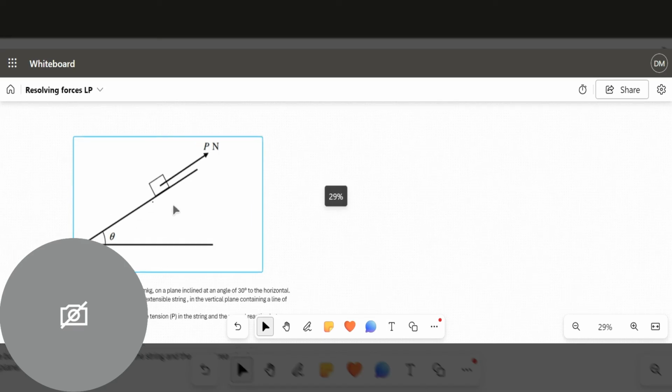We're trying to resolve it. It's exactly the same question. We can put our weight in.